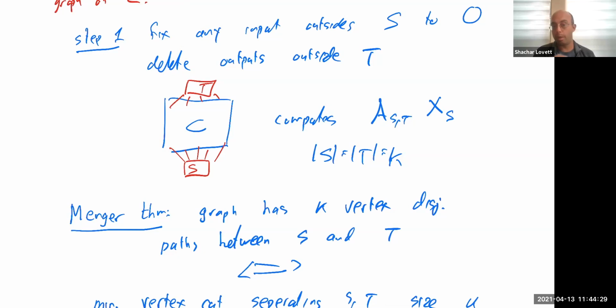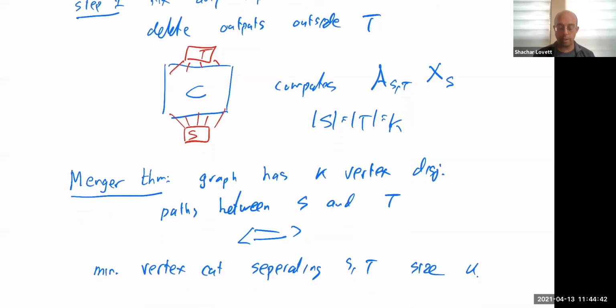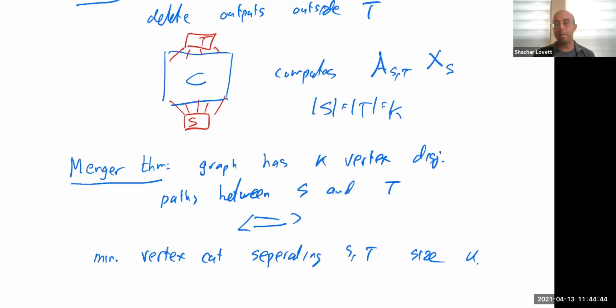Maybe there are fewer than K nodes somewhere inside C that I can remove, and if I remove them, I disconnect S from T. So I take the smallest such subset, let's call it the minimal vertex cut separating S from T. And what Menger proved is that the maximal number of vertex disjoint paths from S to T equals the minimal size of a vertex cut. It's a minimax type result, very similar to, or actually a precursor of, the max-flow min-cut theorem. It's actually a special case of it.